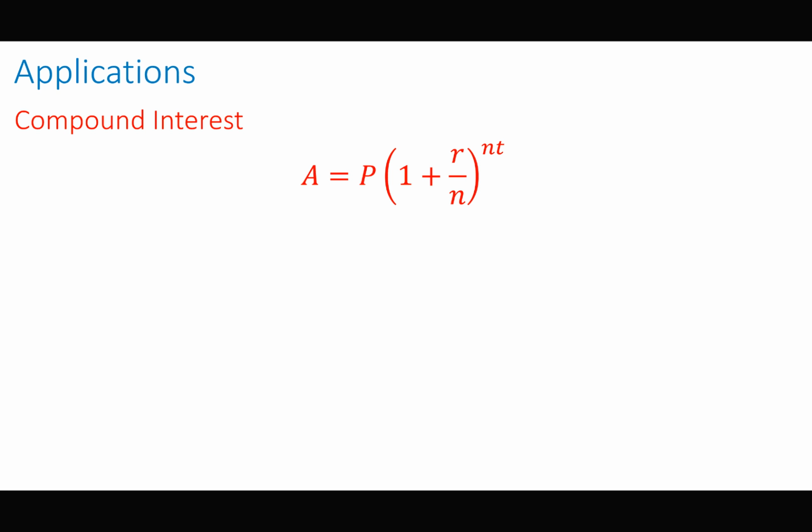So for compound interest, A equals P times 1 plus R over N, to the NT. So these ones we're talking about money. What does this P represent? The principal. What is principal?